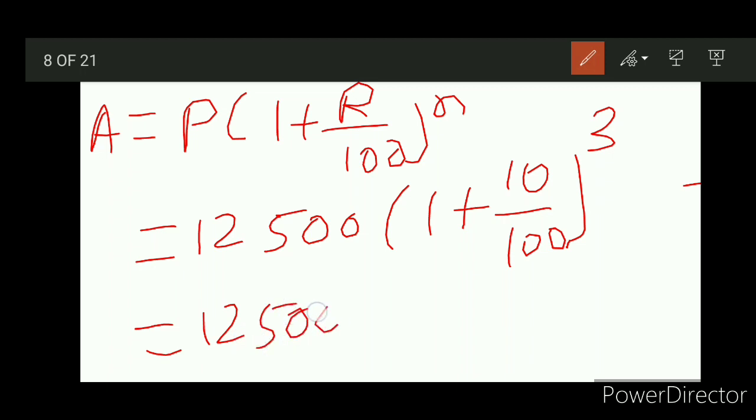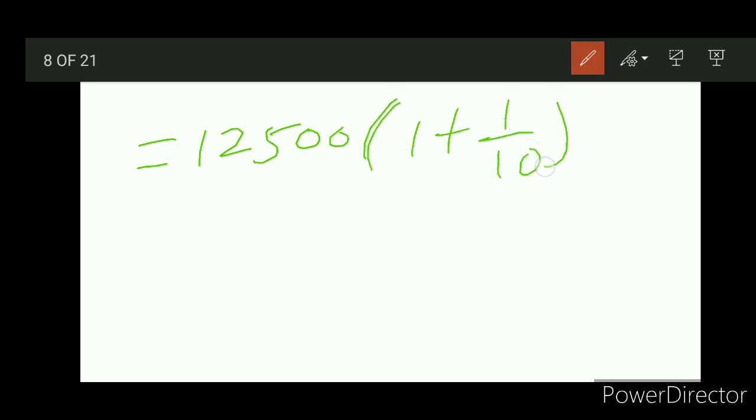Don't cancel the two zeros now itself. These zeros we can cancel, fraction zeros. 1 plus 1 by 10 whole to the power 3. I'll continue on the next page. 12,500 into 1 plus 1 by 10 whole to the power 3.